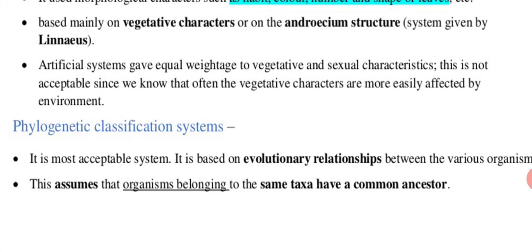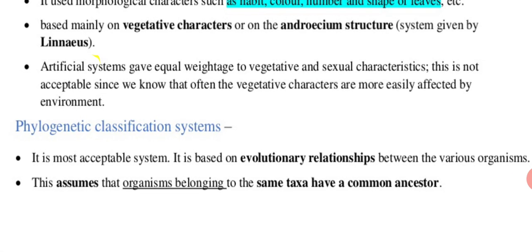Now what is this? It is the most acceptable system and it is based on the evolutionary relationship between the various organisms. What do we mean by evolutionary relationship? It takes into consideration not only the outer or inner characters of that particular plant species, but also the time from which that plant originated on the earth.